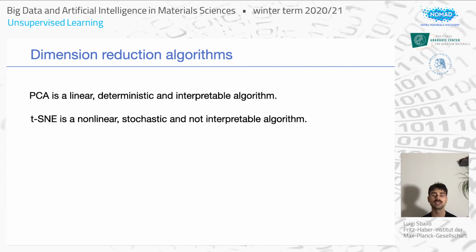But still, it is important to have an idea of how this works and how important it is to deal with large data sets with many dimensions, and that it is important to visualize our data points onto a two-dimensional surface. This was all, and thank you for the attention.